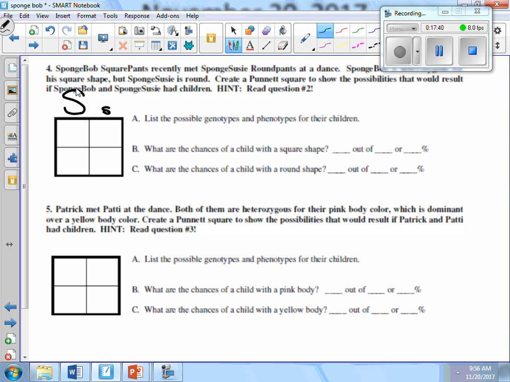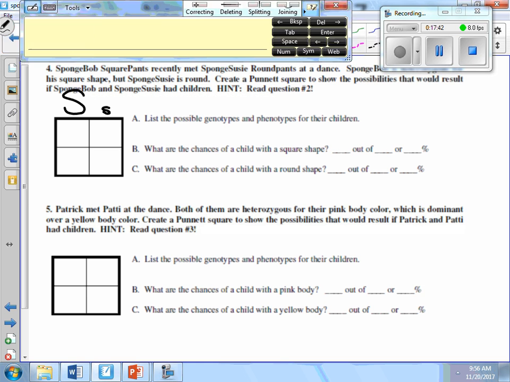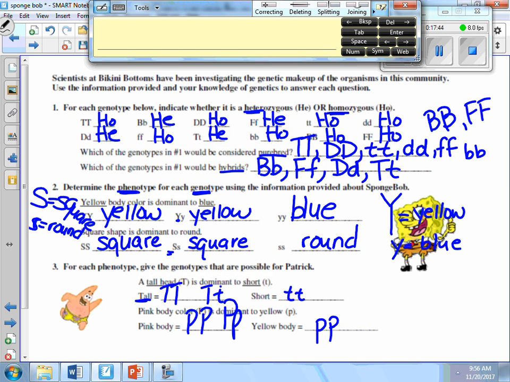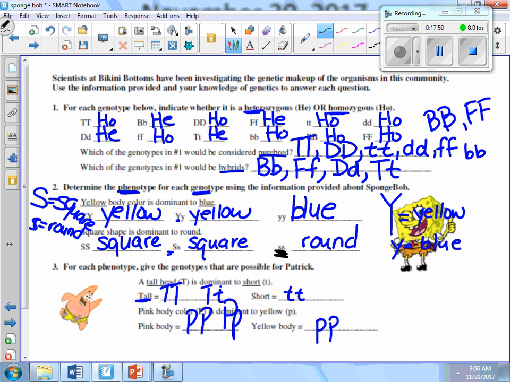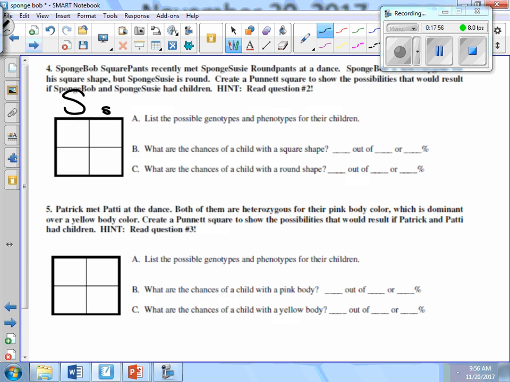Now, Susie, according to question number 2, is round. So what are her letters for round? Susie's round. So what are her letters? Somebody tell me what Susie's letters are. Little s, little s. So go back to the problem, and we give Susie her 2 little s's.